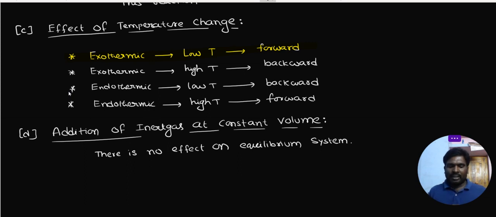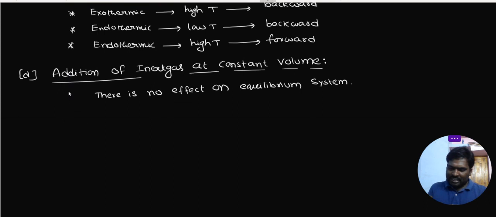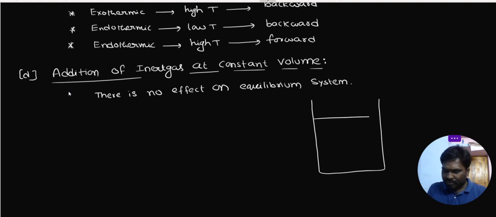Why? So this is the vessel. Here, one equilibrium system is there.